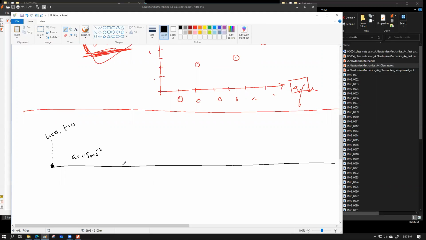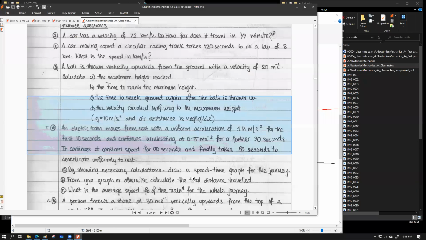So let's say it reaches up to here, where this time is 10 seconds. Then it moves another segment with acceleration equal to 0.5 meter per second square. And here, this time should be how much? 20 seconds. No, 30. Yes.